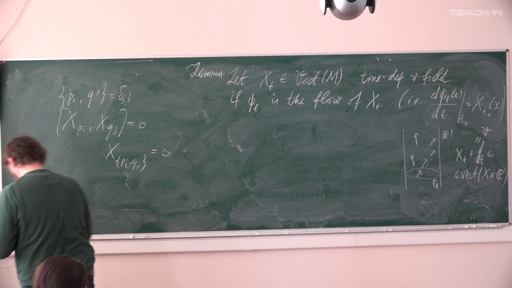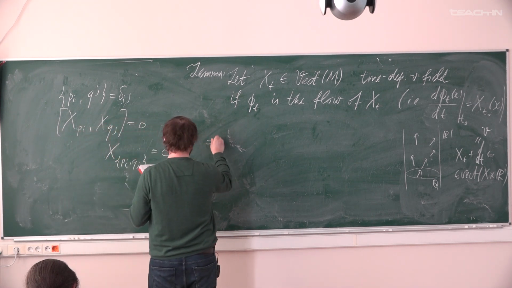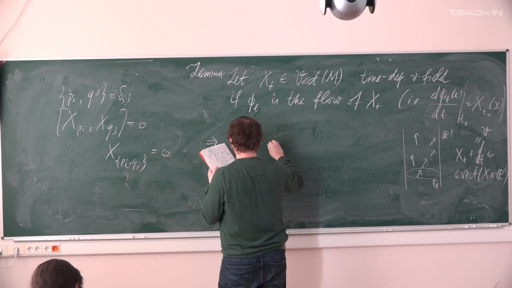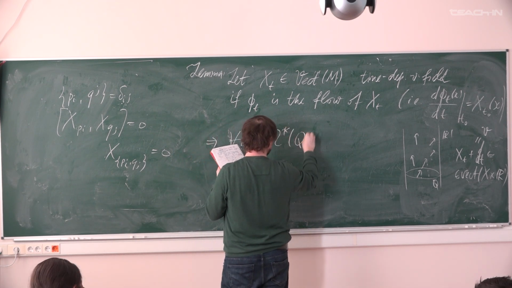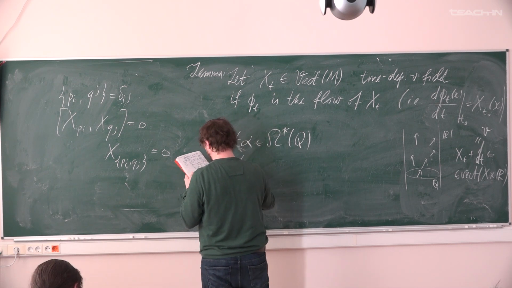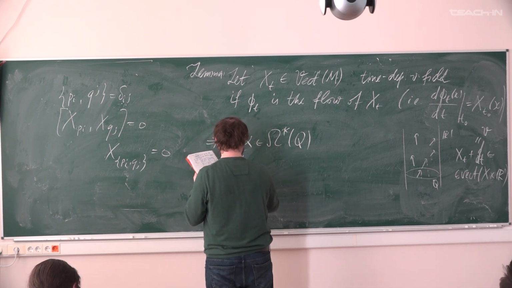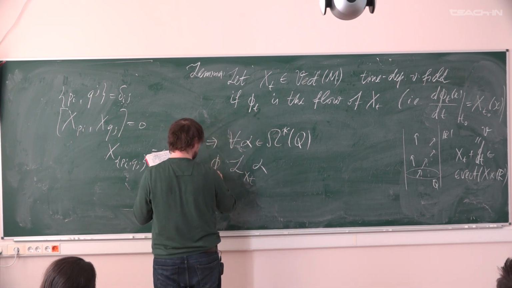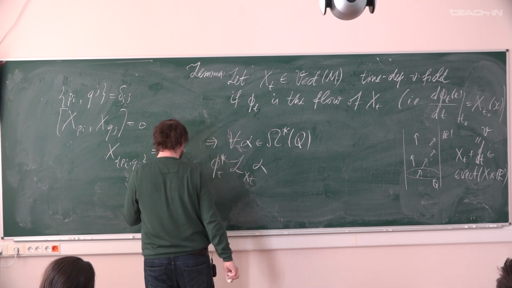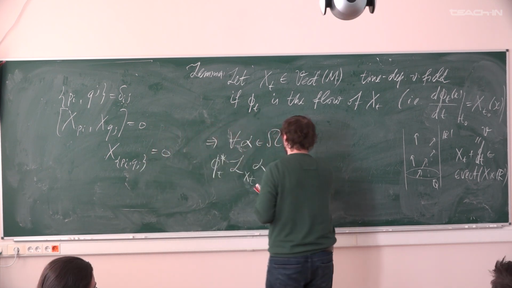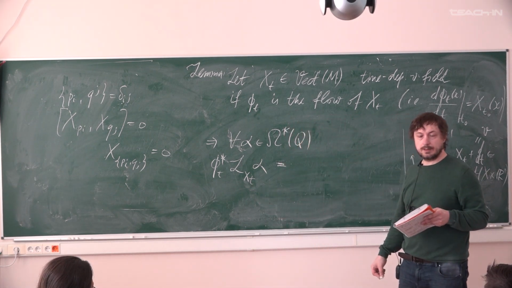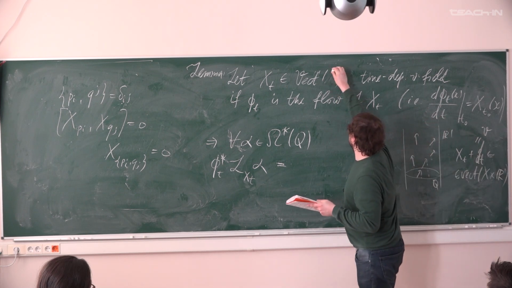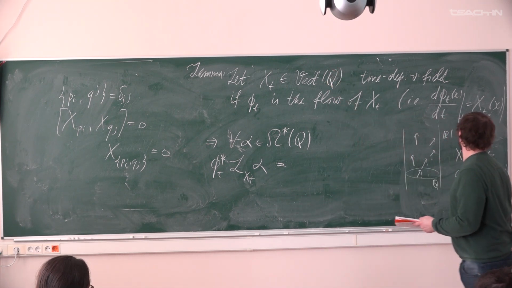Then here is the formula which we'll need. For every differential form alpha on Q, the derivative of the Lie derivative L_{X_t} of alpha, which you pull back along this flow. We have two manifolds or one? That's a misprint, sorry.